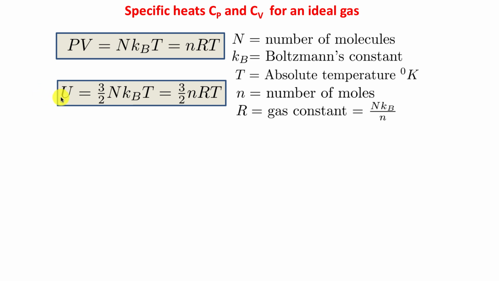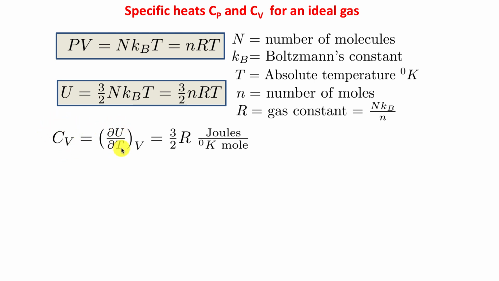The internal energy of an ideal gas has a very simple form. It's 3 over 2 NkT, which is the same as 3 over 2 nRT. This can be easily derived from statistical mechanics, but since we haven't studied that as yet, just accept it for now. Now it's very easy to calculate the specific heat at constant volume.